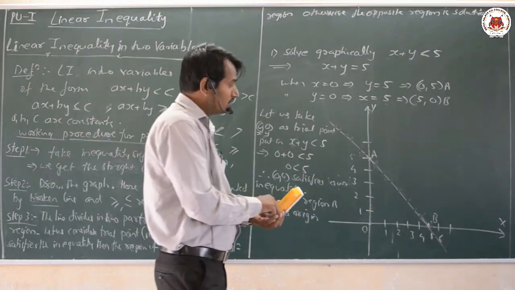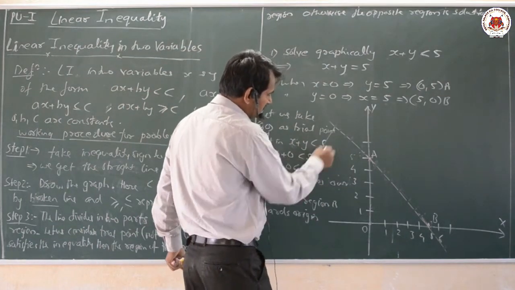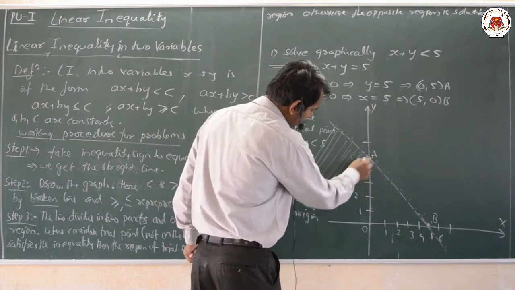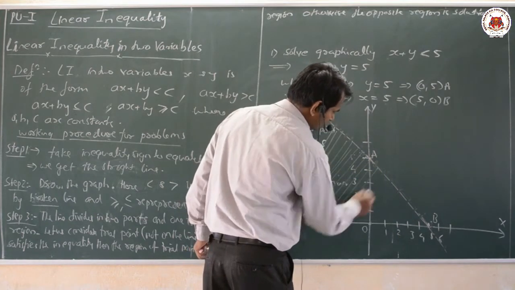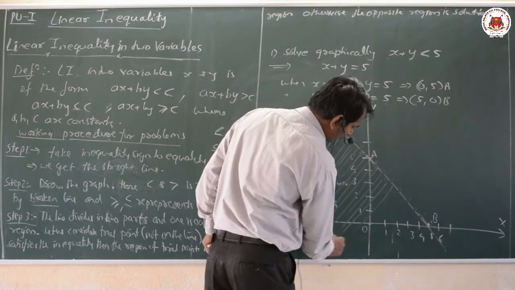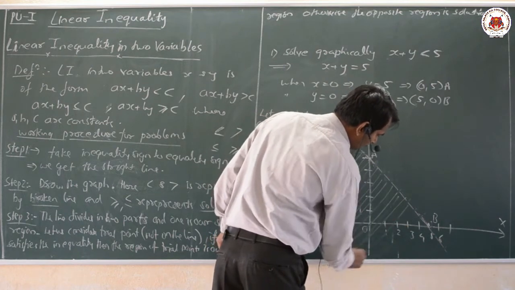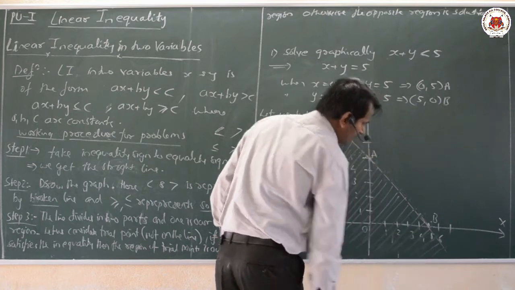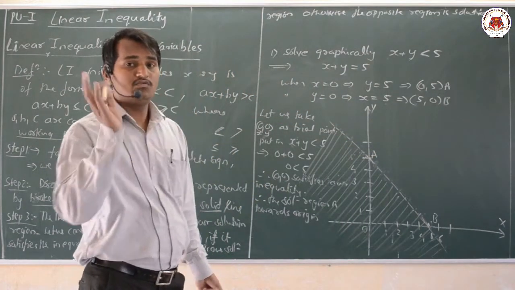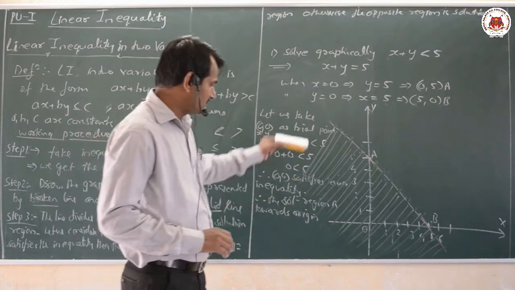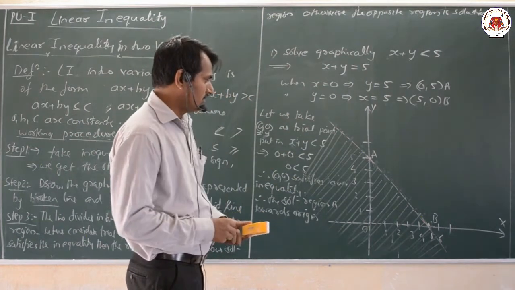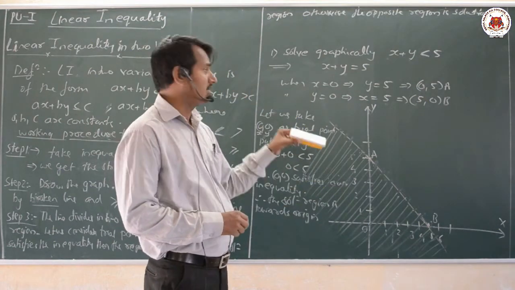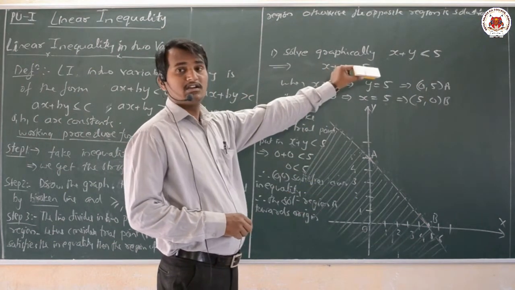That means I have to draw the graph here and mark the lines. This is nothing but our solution region, dear students. In the examination also you have to compulsorily mark all these things. Not only in the first quadrant, you have to mark everything in the first, second, third, fourth, whatever it is. Roughly you can mark this whole shaded region, and that itself is our required solution of this inequation.